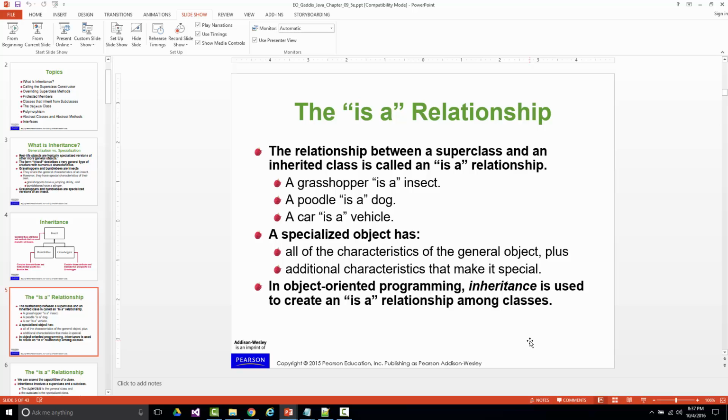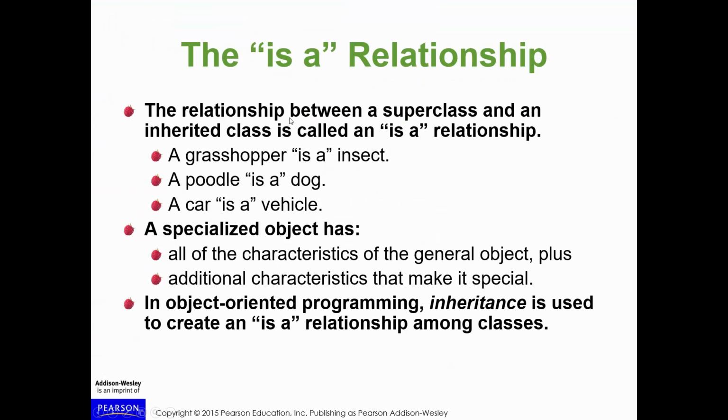Again, when you talk inheritance, inheritance is made up of what are referred to as is-a or is-an relationships. So as it says, a grasshopper is a or an insect, a poodle is a dog, a car is a vehicle, an hourly employee is an employee, etc. So everything after the word a that you see in the examples there, in those three bullets, those are specialized objects.